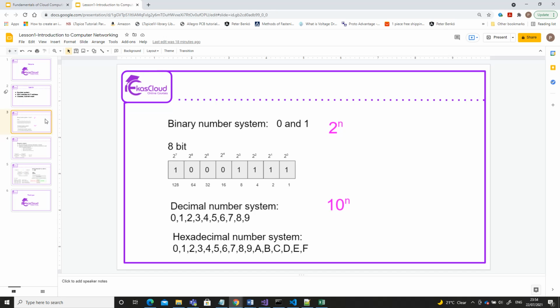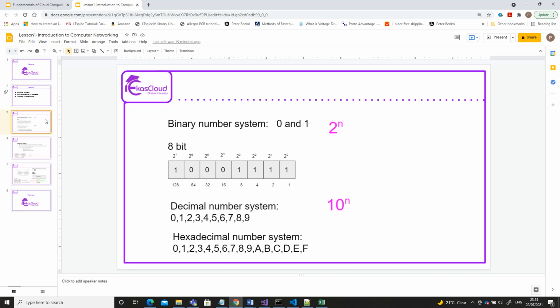Now obviously this is not going to be easy to understand for any human if we want to know what's going on, and therefore it would be useful to have it in a more human readable format, like decimal, using the decimal number system, which is numbers from 0 to 9. And then there is also another one.